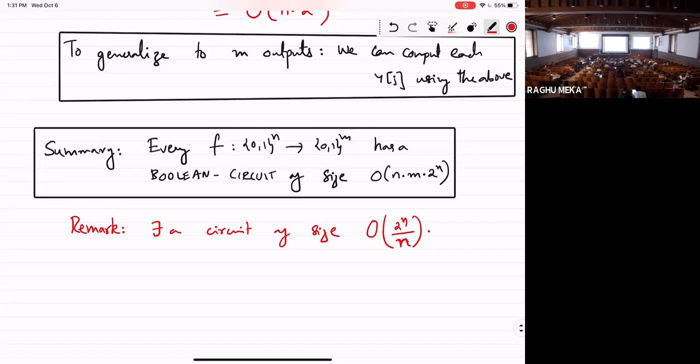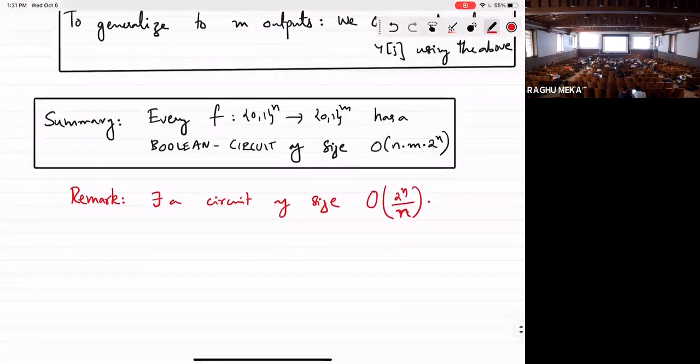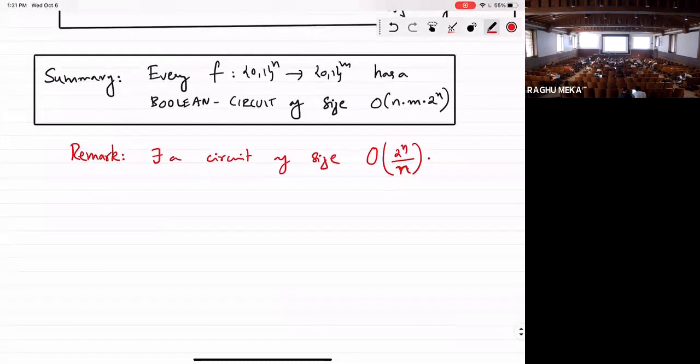We showed a circuit of size n times 2 to the n, but you can actually find circuits of size slightly better, which is 2 to the n over n. But this is much more complicated and not something that we are going to cover, but the textbook has the details of this more efficient way to construct circuits for all functions.